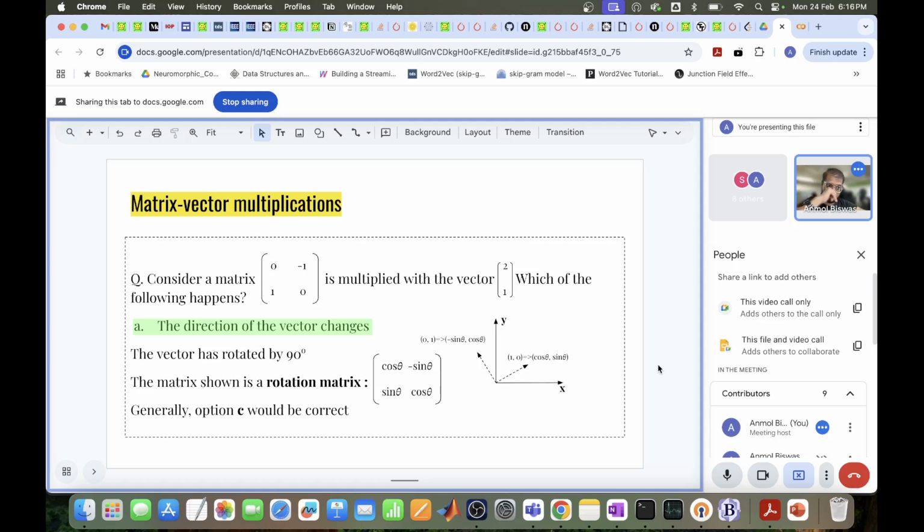So this is a very broad overview of matrix vector multiplications, what function they perform. But this forms the basis of everything in linear algebra, basically. Everything in linear algebra flows from the fact that matrix vector products are linear operations, okay?